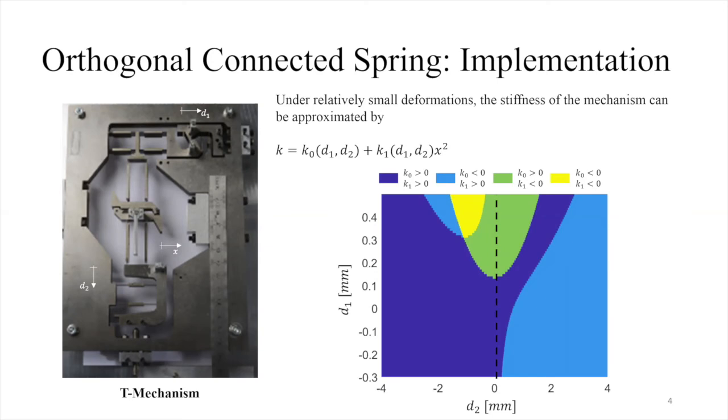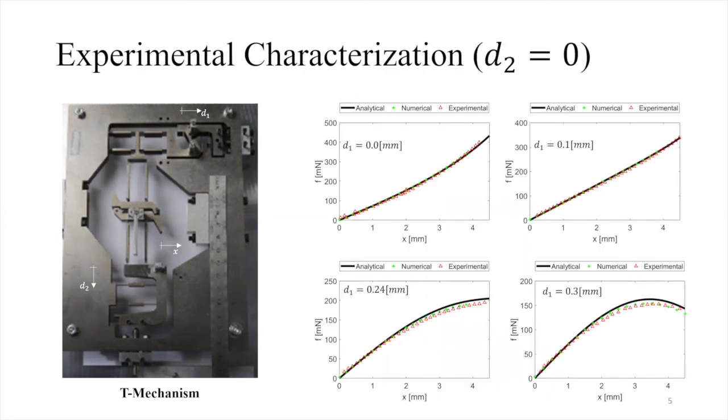And also it can show a hardening or a softening effect. The special case occurs at D2 equal to 0, because at D2 equal to 0, the nominal stiffness is constant. It doesn't change as we change D1, but changing D1 will lead to a significant change in the nonlinear term.